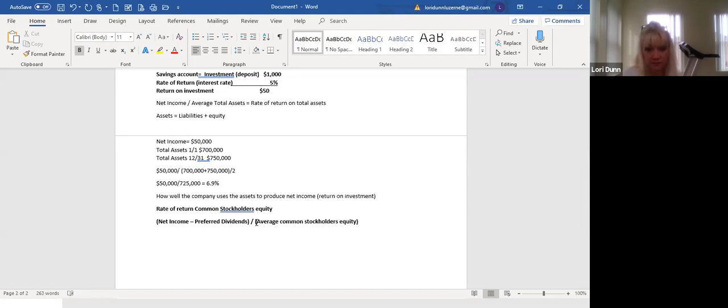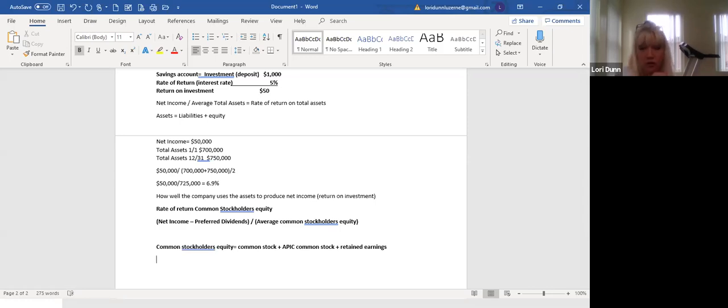equity. Now, I do this because what's important is if you have common and preferred stockholders, common stockholders' equity will be your common stock plus additional paid in capital common stock plus retained earnings.